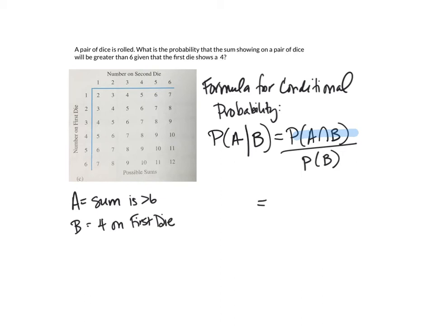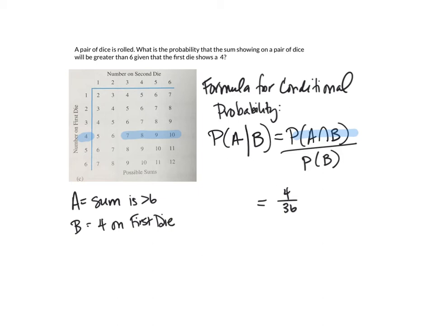So 4 on the first die, so that's this row here, and a sum of greater than 6. So that's those. All right, so that's how many there are. But what's that probability? Well, that's 1, 2, 3, 4 out of 36. Right, so we're just considering that one event, that one outcome. That if you have a 4 on the first die, that the sum is greater than 6. So a sum is 7, 8, 9, 10, 11, or 12, right? That's the maximum sum you can get. That's 4 out of 36.